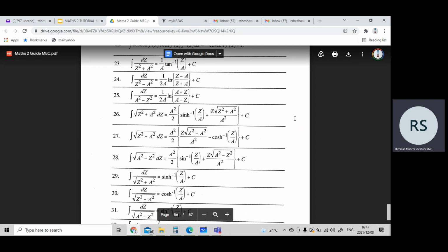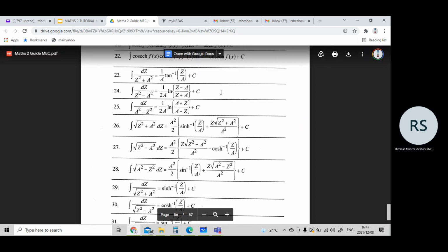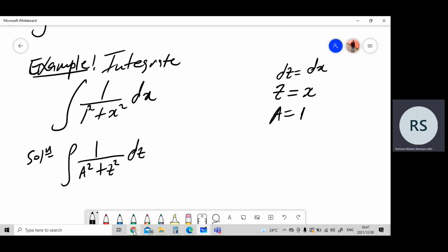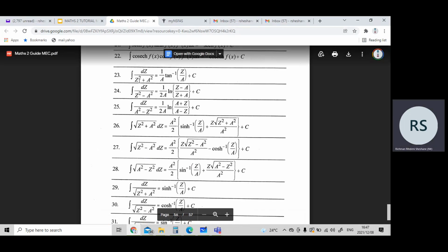What is the integral of 1 over a squared plus z squared? You see 1 over z squared plus a squared there. So the standard integral of 1 over z squared plus a squared is equal to 1 over a tan inverse of z over a plus c.